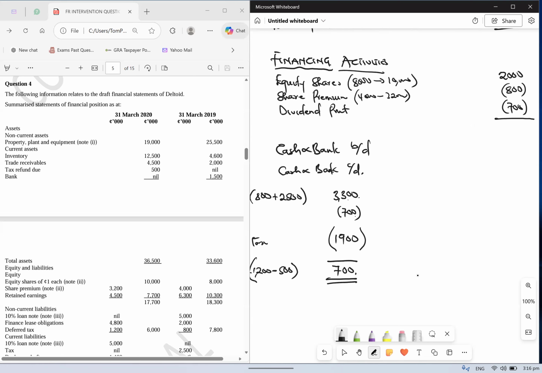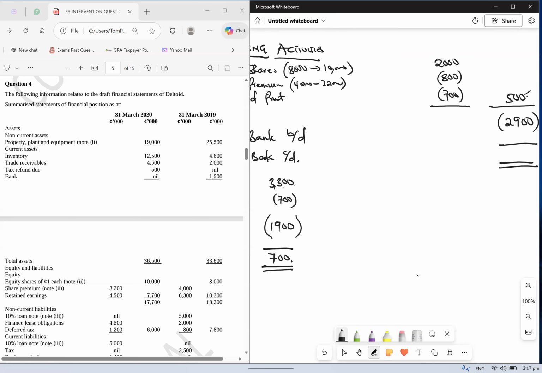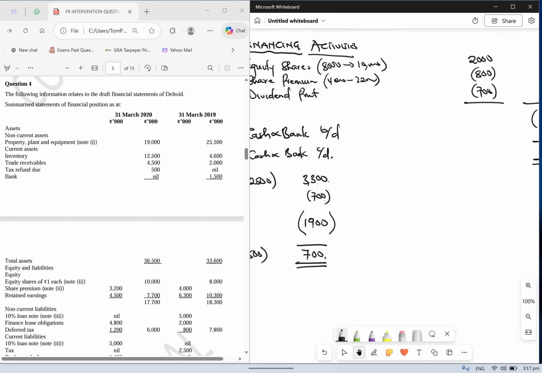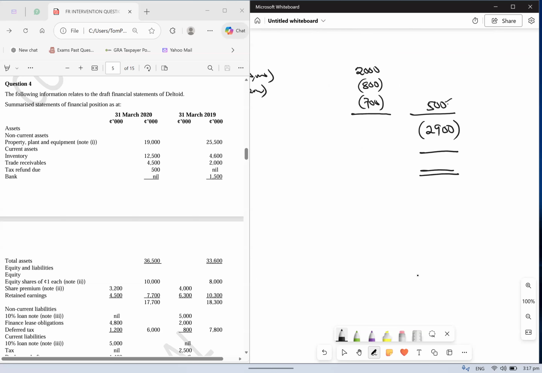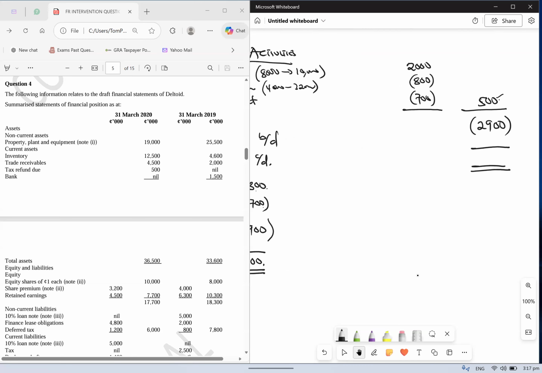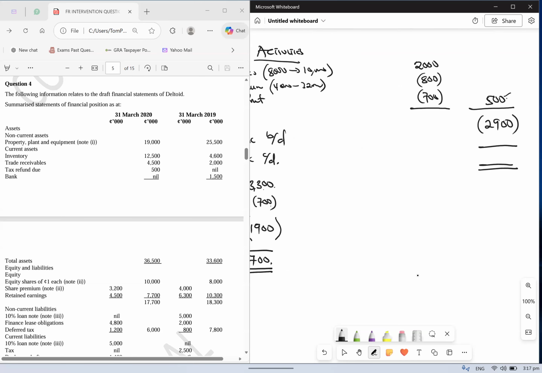So your cash and bank balance carried down is the answer. If you don't get it after you've added your cash and bank balance brought down, then it means your cash flow is a problem. So the answer is always on the cash and bank side of your balance sheet. If it is not equal, it means we've made a mistake somewhere.